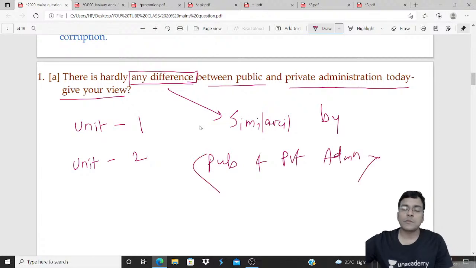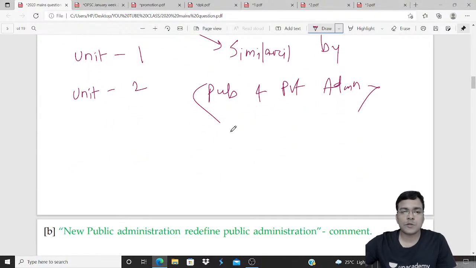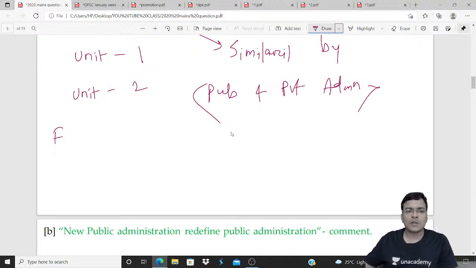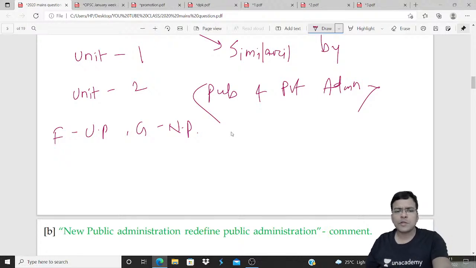Okay, there is similarity between public and private administration, and that we discuss in Unit 2, classical theories, universal principle, neutral principle, that is applicable in both public and private organization.